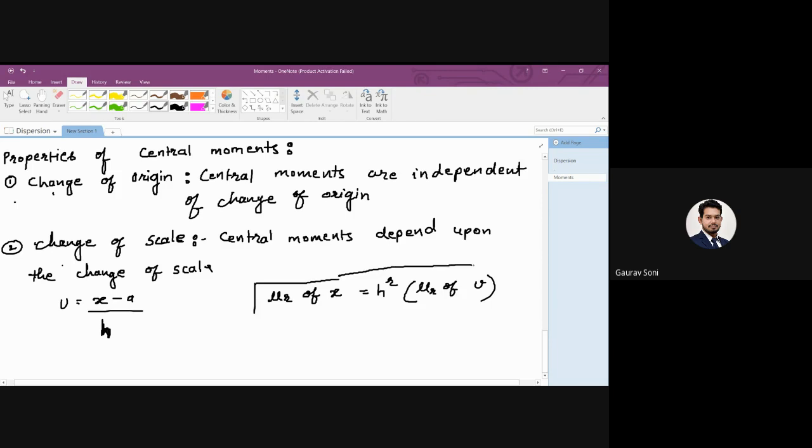This is the relation. So if I want to find mu3 of variable x, and I have the third moment of u, I'll take h raised to 3 into mu3 of u. This is how we get the third moment of x from the third moment of u.